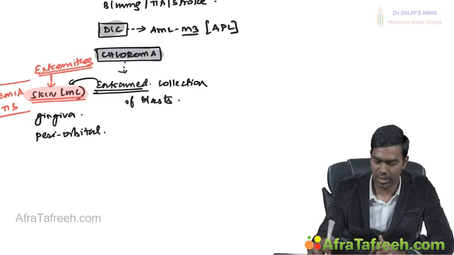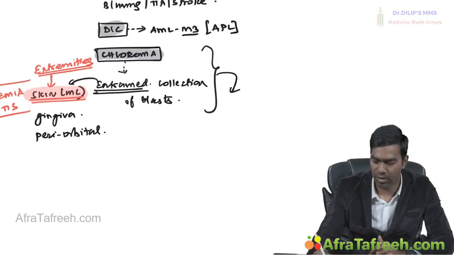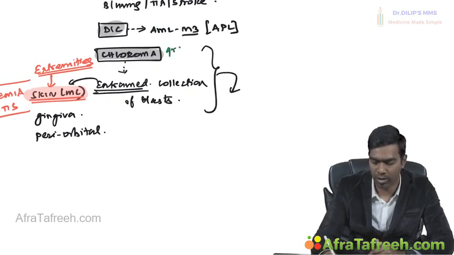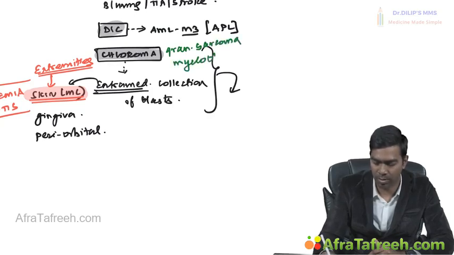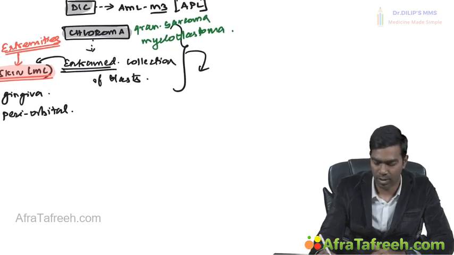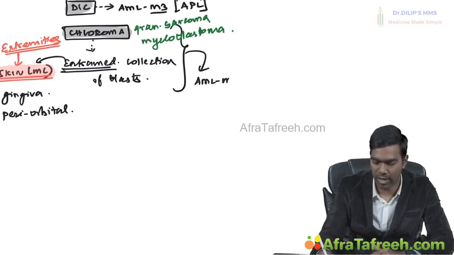And what are the things that are going to increase the risk of this chloroma? I didn't tell you one more thing, that chloromas are also called granulocytic sarcoma, and are also referred to as myeloblastoma. These are the other names for chloromas. But there are certain things that increase the risk for chloromas. 3 AMLs: one is AML M4, second is AML M5, and third is AML M2.